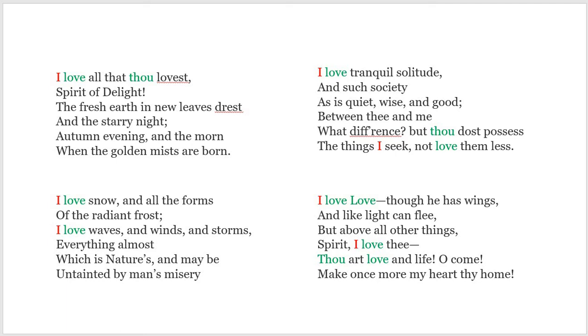He almost loves everything in nature. He even loves the tranquil solitude, and he loves the company of quiet, wise, and good people. Thus, expressing his deep love for nature, the poet loves all aspects of nature which are untouched by human sufferings.